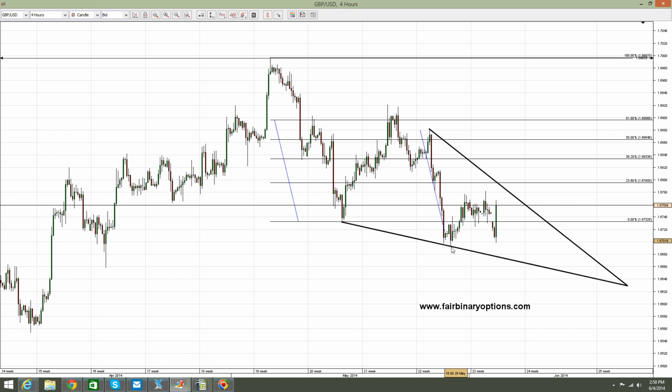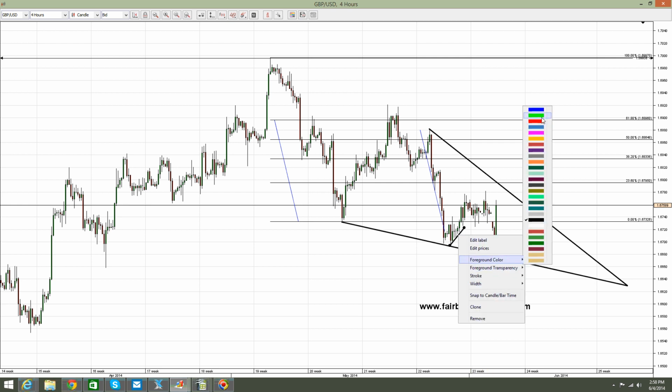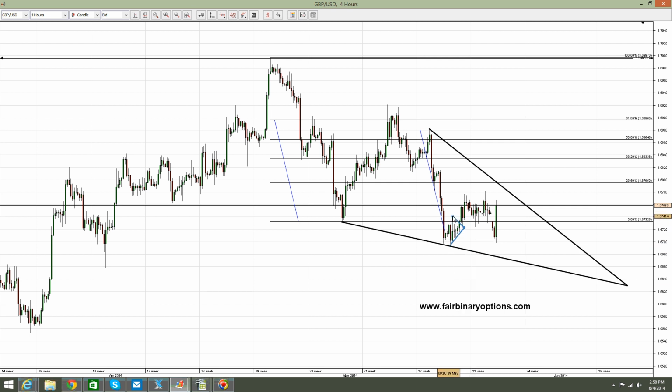But this move here ends with a contracting triangle, and this contracting triangle shows us that the whole move actually ended here, when this triangle ended. And in this case we have a perfectly viable third wave scenario with a first wave extension.